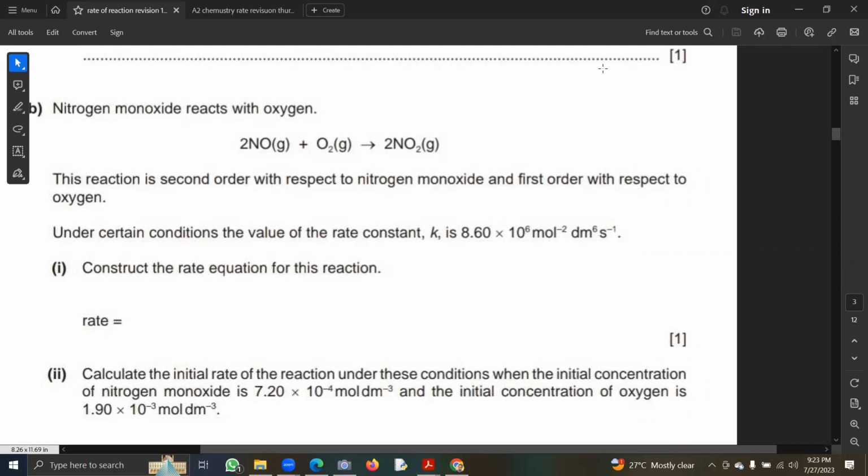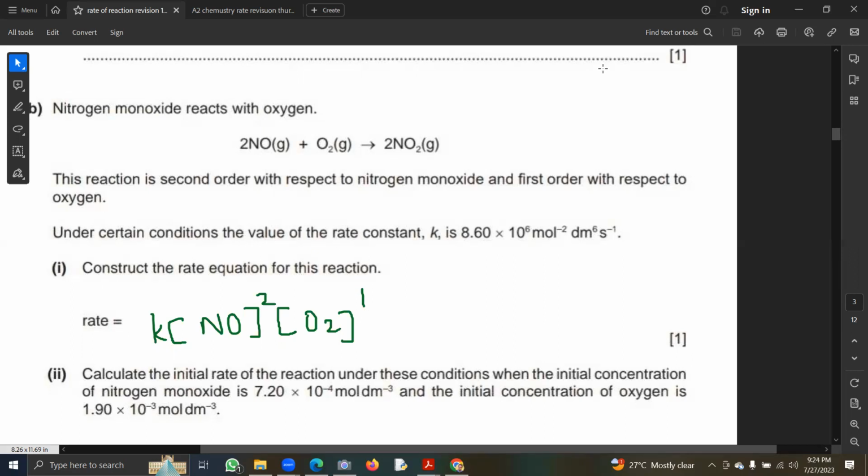Write the rate equation for the whole thing. Rate equals k with the square brackets and powers: k, square bracket nitrogen monoxide to the power 2, oxygen to the power 1. Second order with respect to nitrogen monoxide, first order with respect to oxygen.